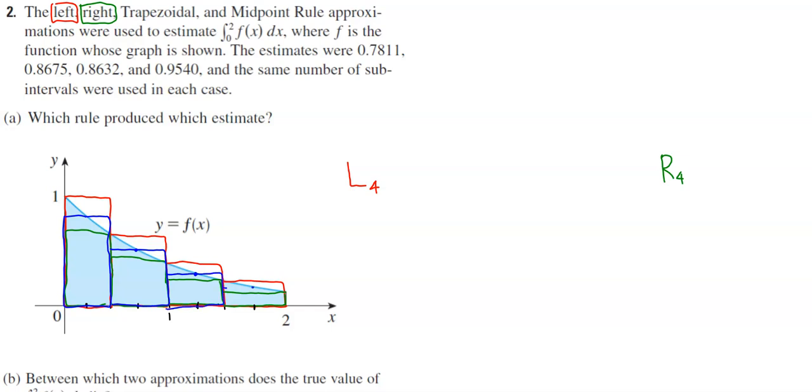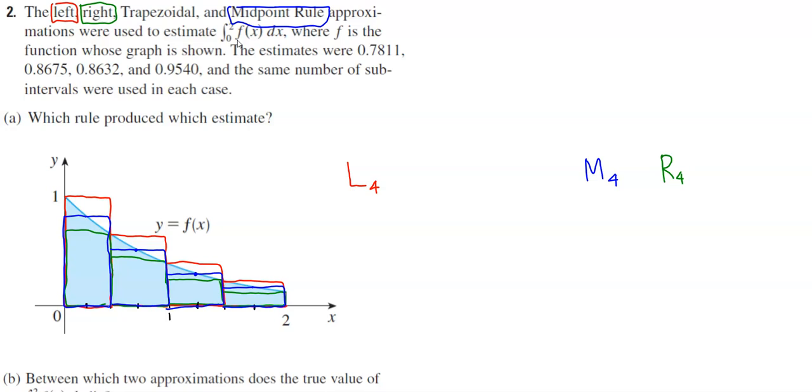And then there's the midpoint there. So you can see here that this midpoint is going to be a little bit more than the right. So it's going to be greater than the right, but not greater than the L4. So we're going to write the midpoint over here because we know it's going to be greater than the right endpoint. Again, we use the blue for the midpoint.